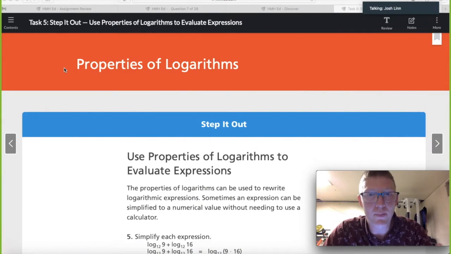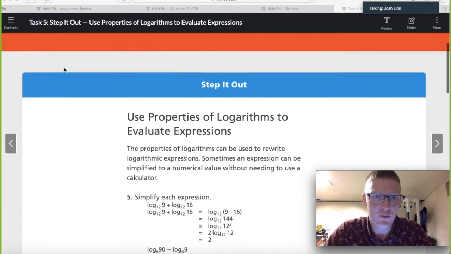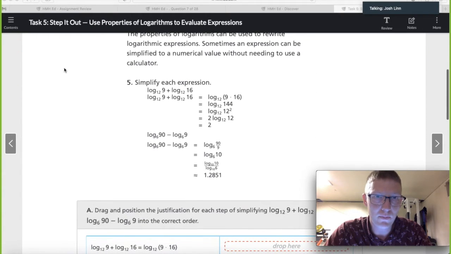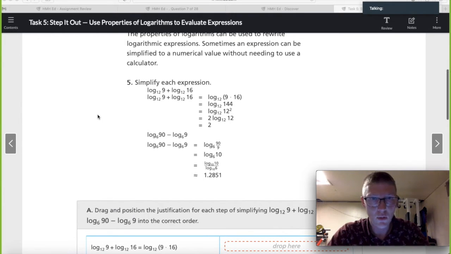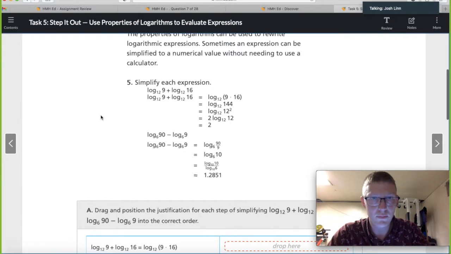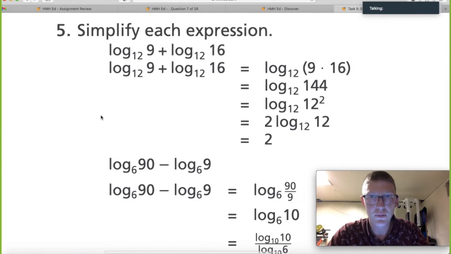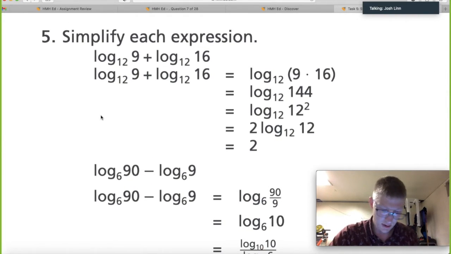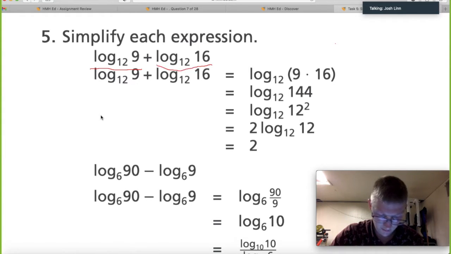Let's try some of these properties out. We've got a couple of examples here. It says simplify each expression. Let's zoom in. We're starting with log base 12 of 9 plus log base 12 of 16.